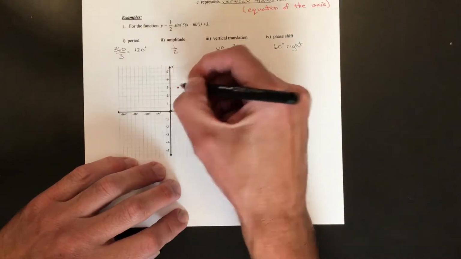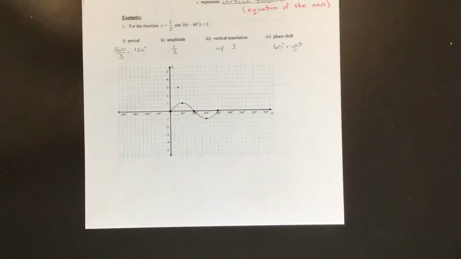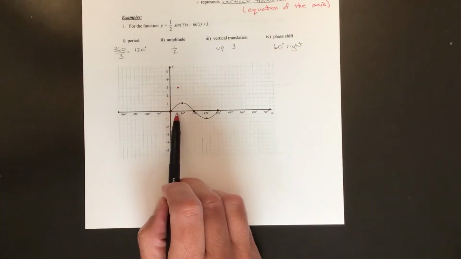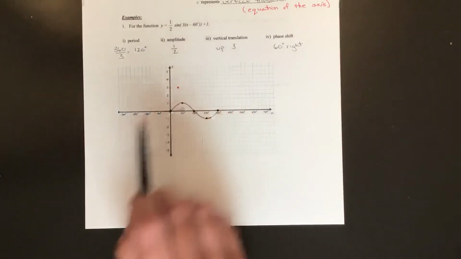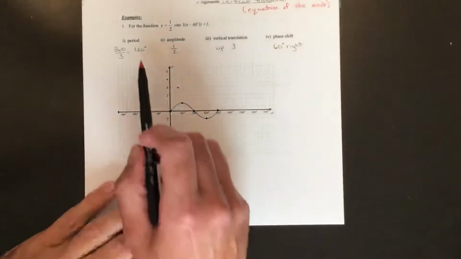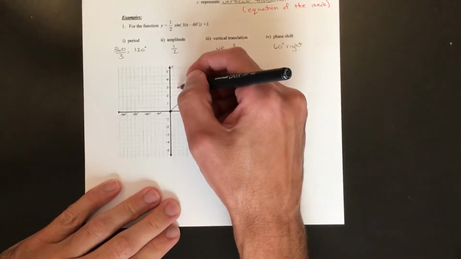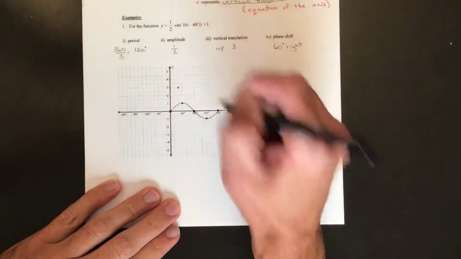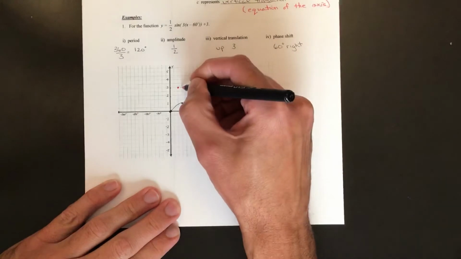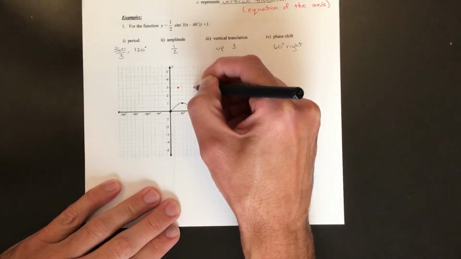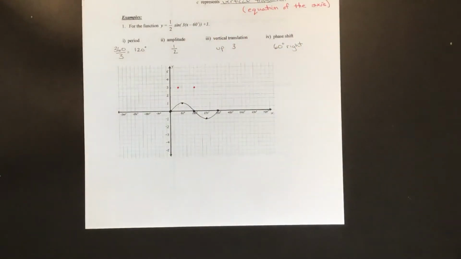And there's where our graph is now going to start. So from here, we've gone 60 degrees to the right and up 3. The period is 120 degrees. So from my first dot of my graph to my last has to be 120. So 30, 60, 90, 120. That's where my graph ends.